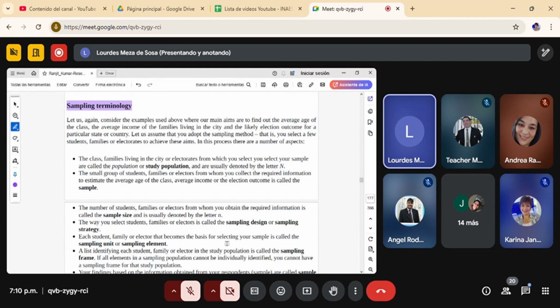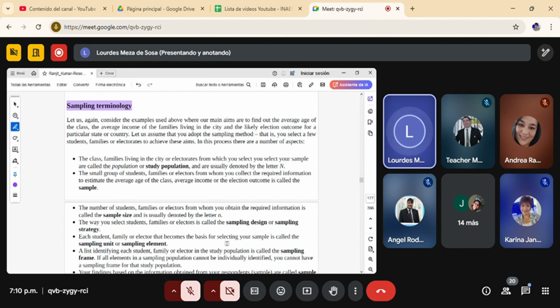We know that population is called by the letter N. The small groups of students, families, or electors from whom you will collect the required information to estimate the average age of the class, the average income, or the election outcome is called the sample, right?